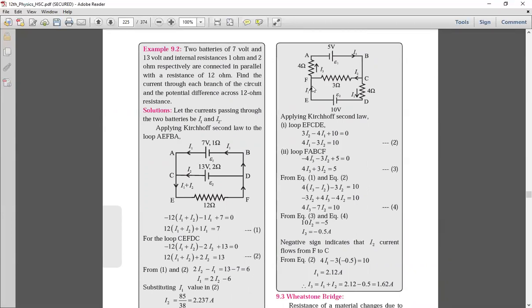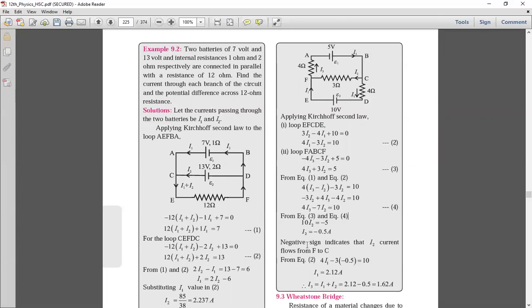You can direct the current in your own way. If it is positive or negative, it will come in your answer. If it comes as negative, then the actual direction is opposite to what you have assumed.